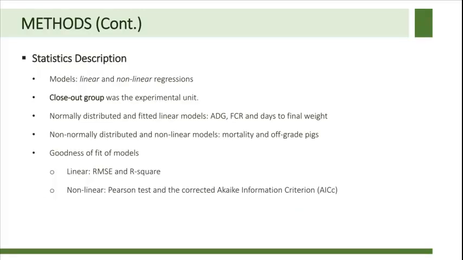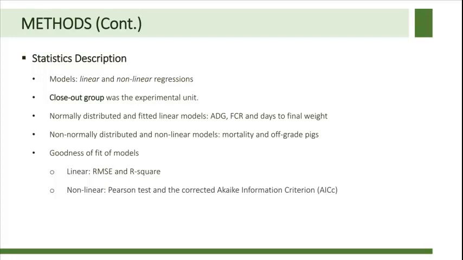The statistical description, I'll go quickly here. We used linear and nonlinear models. The closeout group was the experimental unit. We used linear and nonlinear models because we had normally and non-normally distributed data.